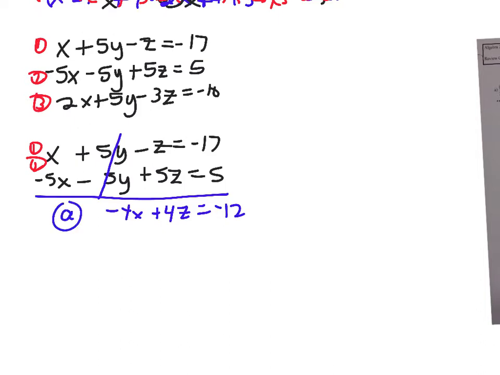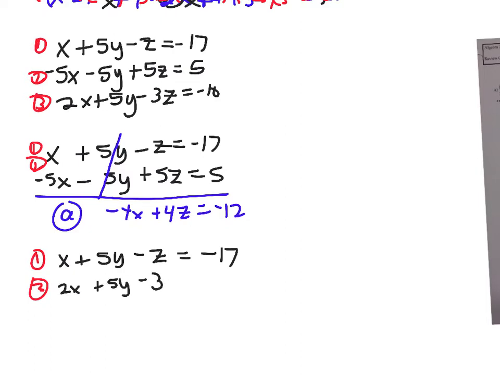All right, let's take a look at 1 and 3. So 1 is x plus 5y minus z equals negative 17. And 3 is 2x plus 5y minus 3z equals negative 10. I noticed that my y's are the same y's.